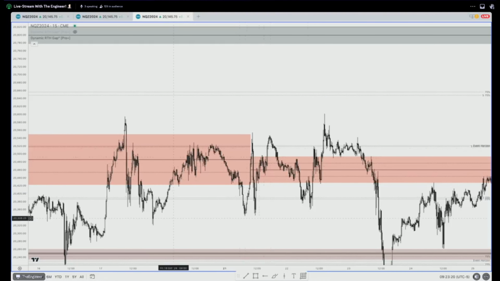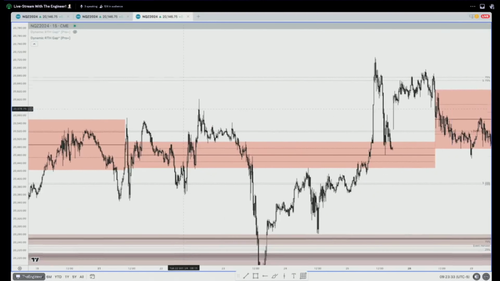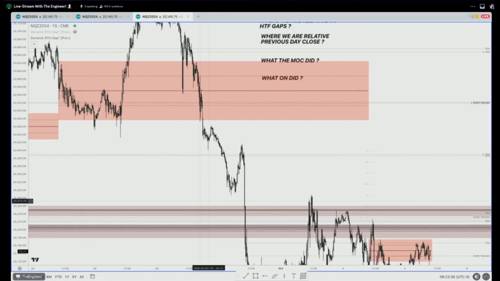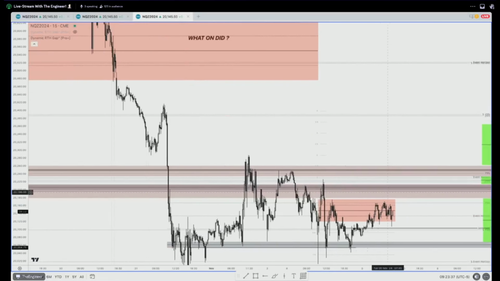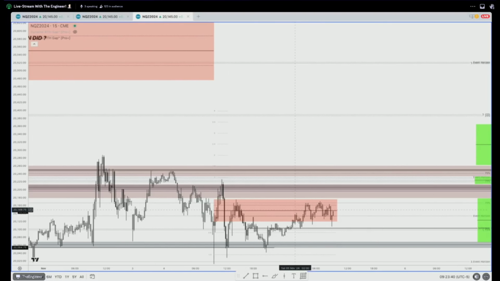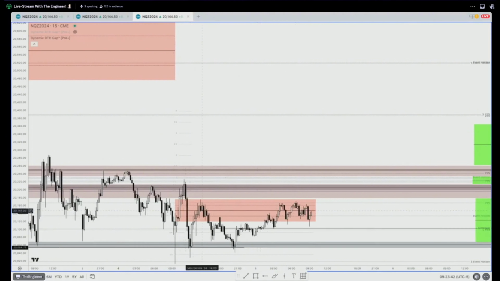So we are basically trading above or below these gaps. And today we are going to have the same scenario. We are going to open inside of a previous new week opening gap on regular trading.